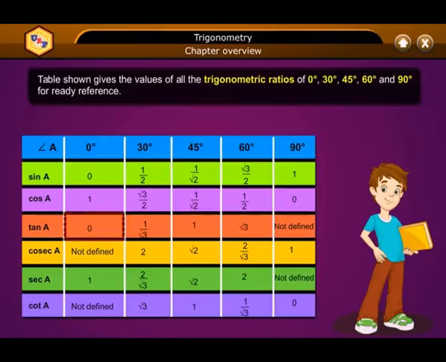Tan A: 0, 1 upon square root 3, 1, square root 3, not defined. Cosec A: not defined, 2, square root 2, 2 upon square root 3, 1. Sec A: 1, 2 upon square root 3, square root 2, 2, not defined. Cot A: not defined, square root 3, 1, 1 upon square root 3, 0.